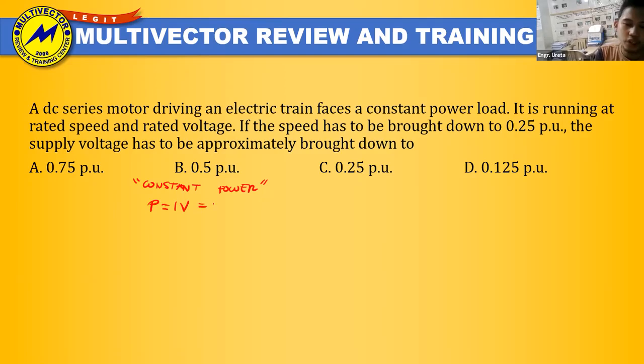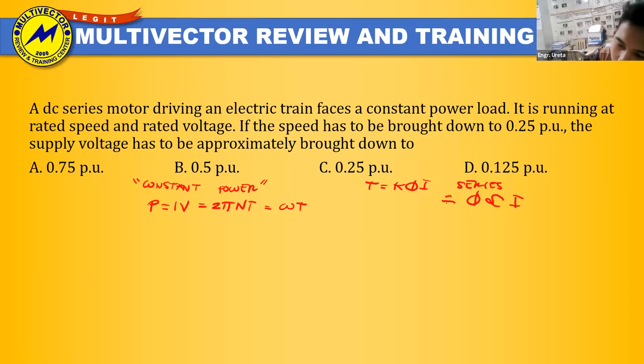Power is just equals to VI. In terms of torque, 2 pi nT naman siya. In terms of omega, it is just equals to 2 pi n. So P is omega T. With respect to the torque formula natin, torque is just equals to K flux I. Kapag series yung motor, our flux, according to Ampere's law, is directly proportional to current.